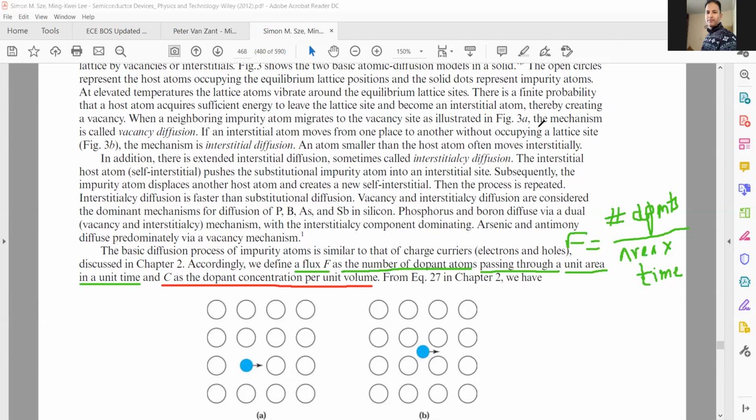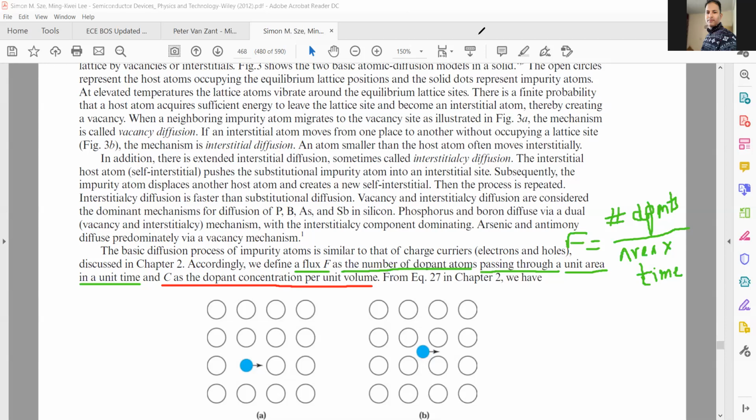Okay, so there are different diffusion possibilities, like vacancy diffusion and interstitial diffusion. Okay, so these different mechanisms you may look into.